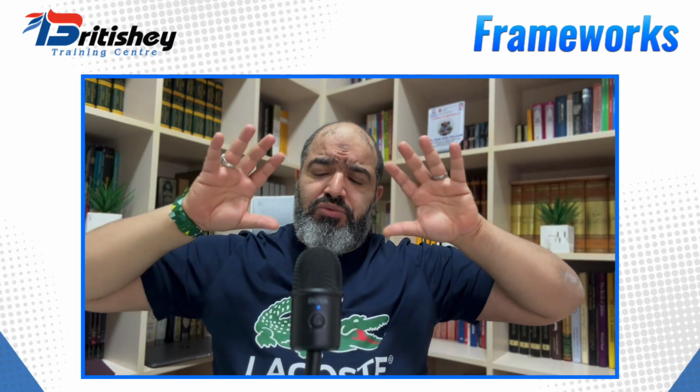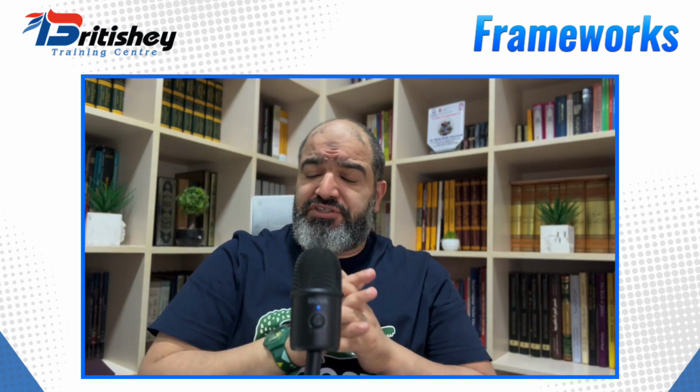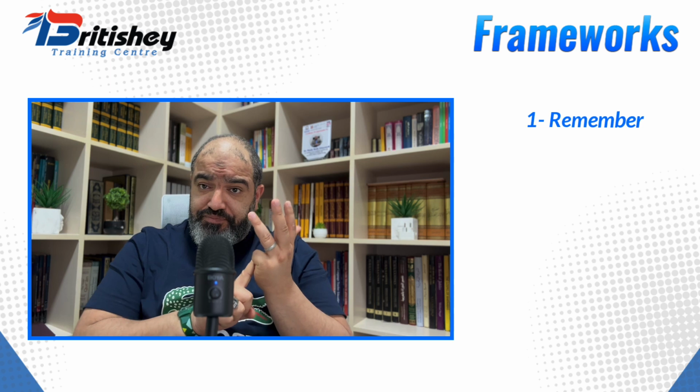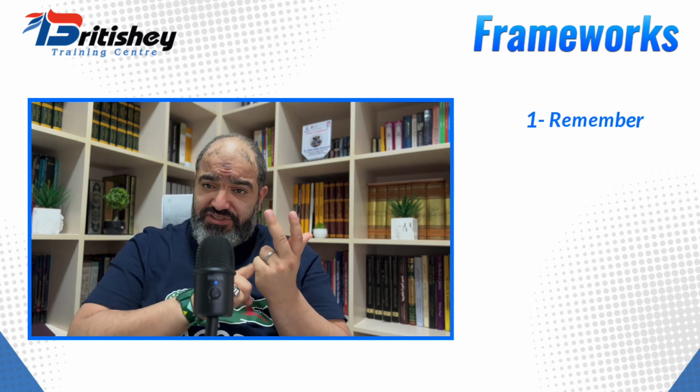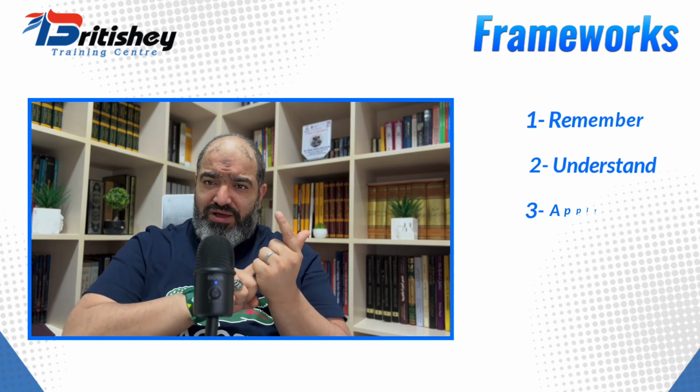Now, when you look at this, you will see that we covered 6 main levels of Bloom's taxonomy. And we're talking here about the cognitive domain. And those 6 levels are remember, and after remember, understand, and after understand, apply.